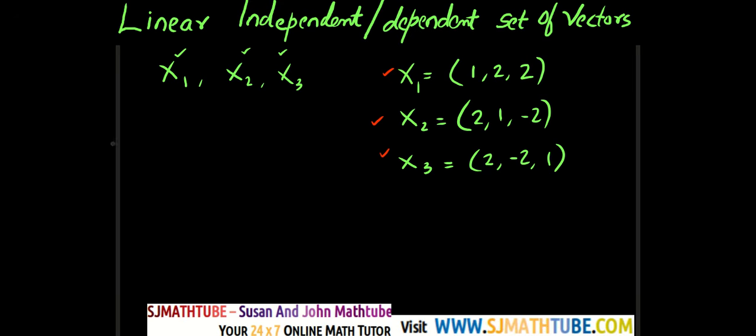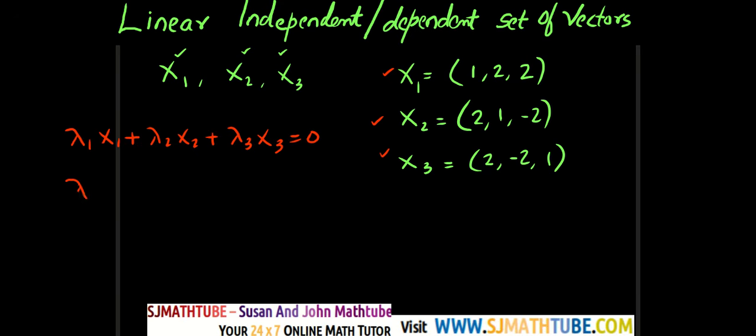Anyway, I will assume lambda 1 x1 plus lambda 2 x2 plus lambda 3 x3 is equal to 0, where lambda 1, lambda 2, lambda 3 are scalars which are to be determined. We don't know those values, but we are trying to determine them.